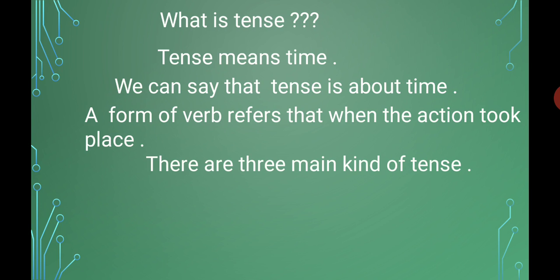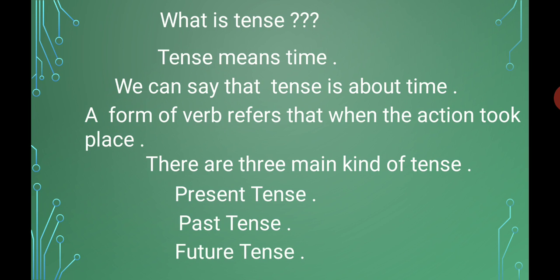There are three main kinds of tense. Which are they? Present tense, past tense, and future tense. If you want to remember these names in a very easy way, then you can remember them as: present tense as today, past tense as yesterday, future tense as tomorrow.